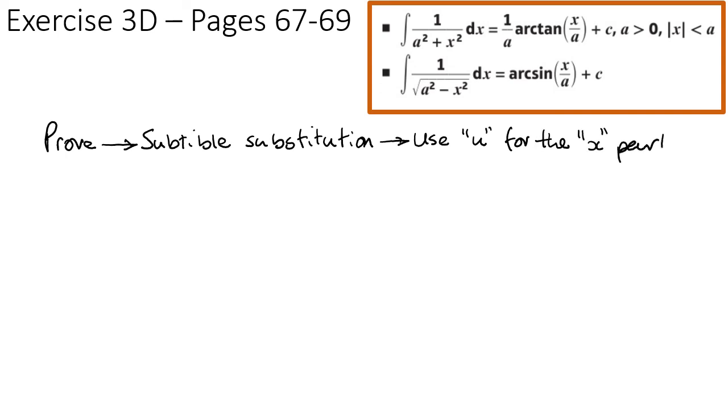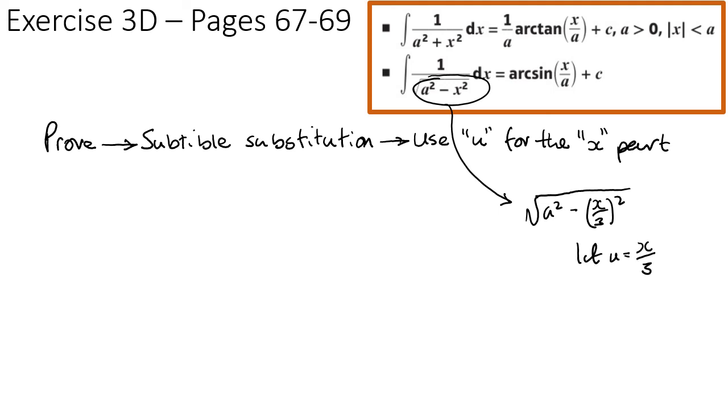I've spoken about this right at the start, and the x part is going to be whatever you have here. Yeah, so if we had, for example, let's say this part at the bottom, we had square root of a squared minus x over 3 all squared, then you would say let u equal x over 3. That's if you need to prove it. If you're just finding an integral, then just use those results.